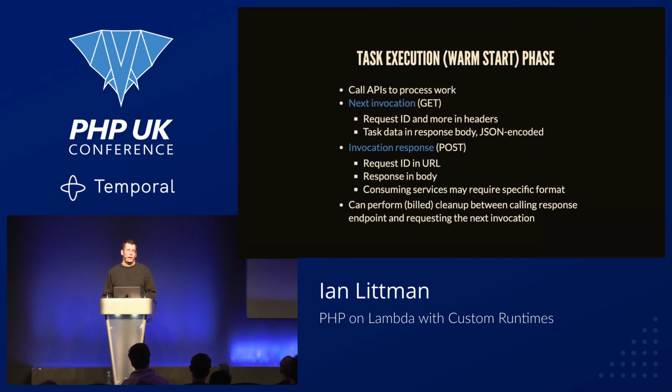Once you've gotten to that point of a successful startup, then you ask AWS, hey, give me the next event, next invocation. It'll give you a response. You process that response, and then make a call back to AWS with the result of that processing.